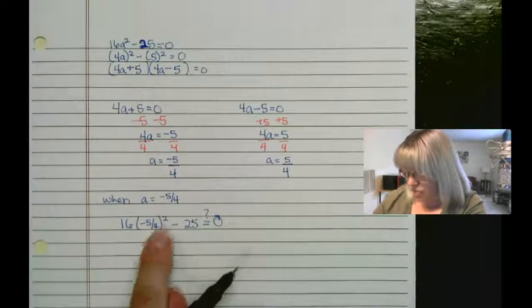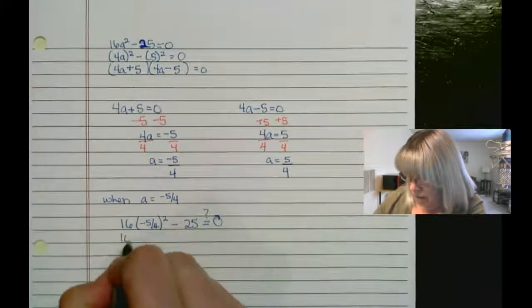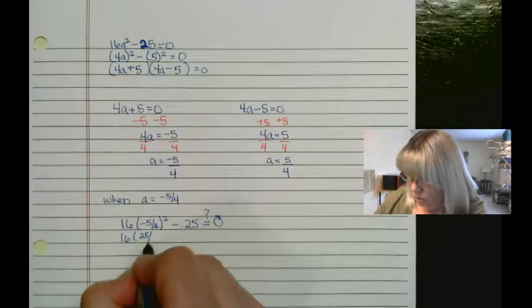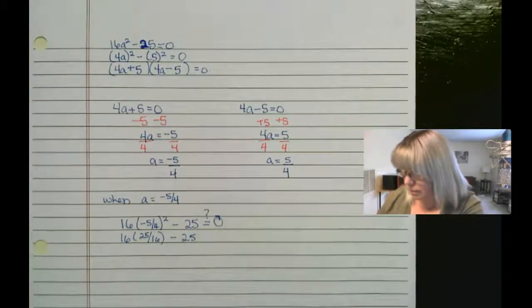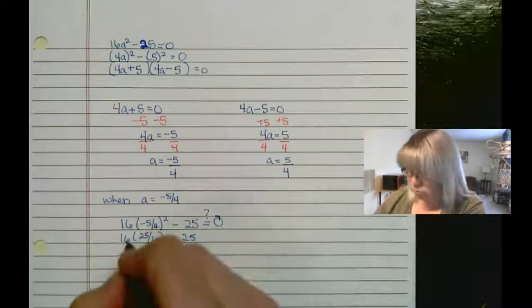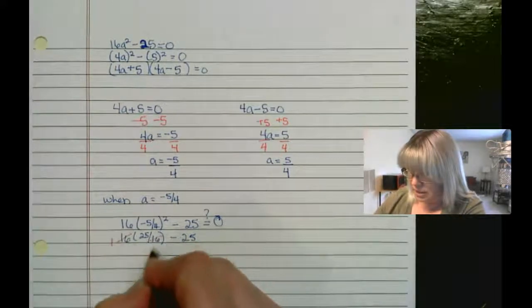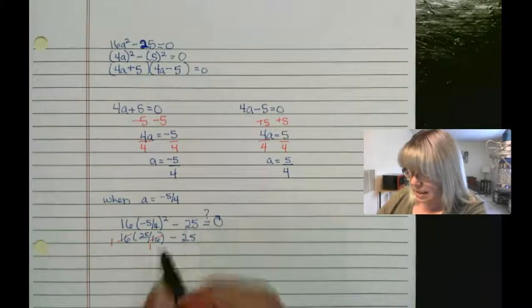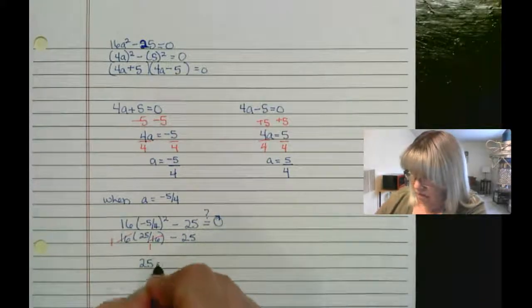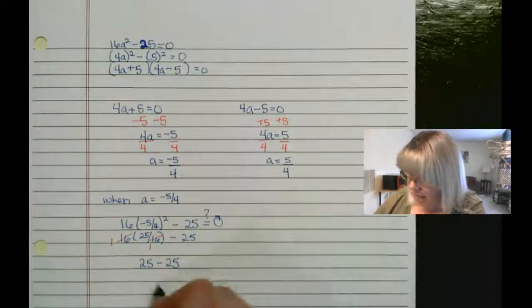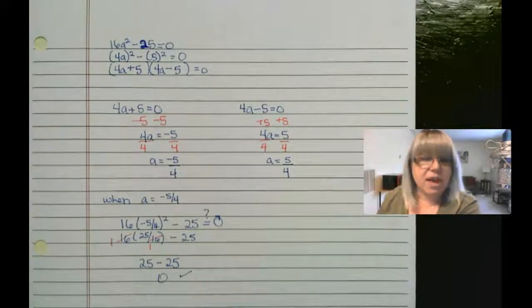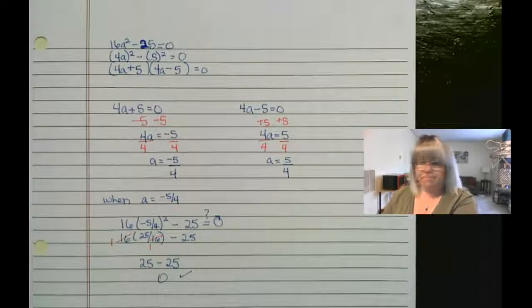Negative 5/4 squared is 25 over 16, minus 25. I'm going to reduce now. 16 goes into 16 once. 16 goes into 16 once. That leaves 25 minus 25. And 25 minus 25 is 0. That is one of our solutions.